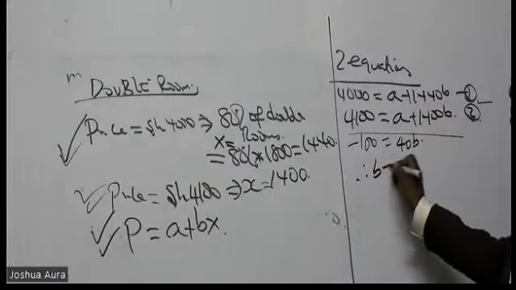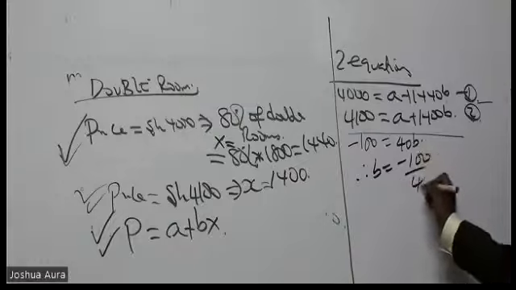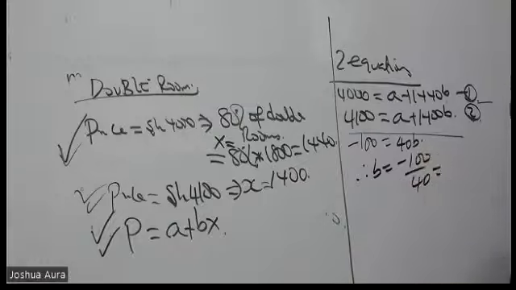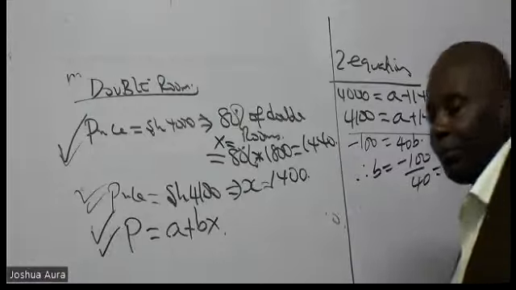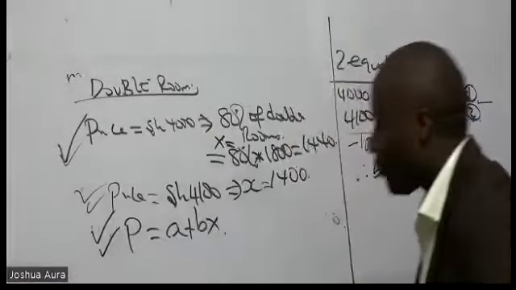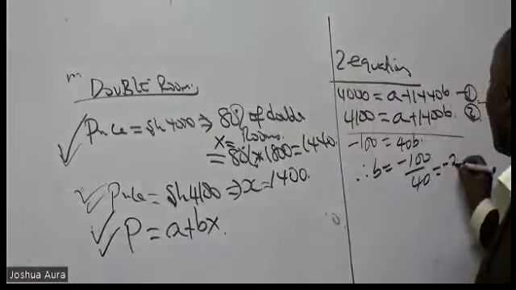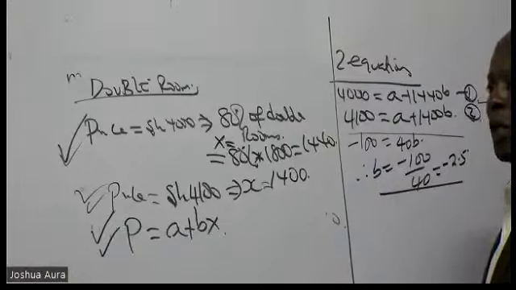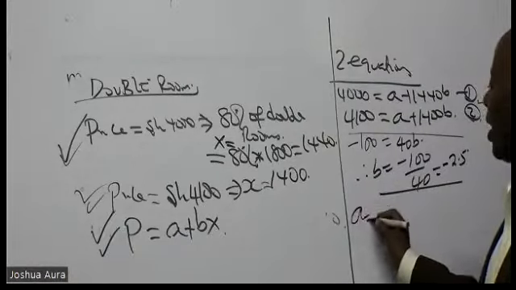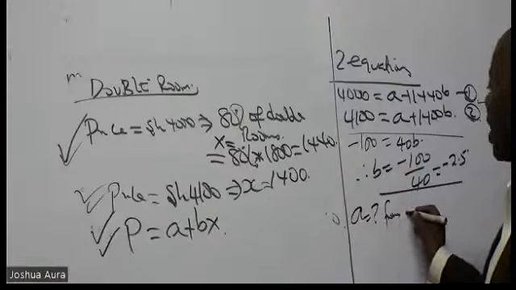Meaning that B will be minus 100 over 40, which gives me what figure? Minus 2.5. Thank you very much. So minus 2.5 is the value of B. Then what is the value of A from equation 1?